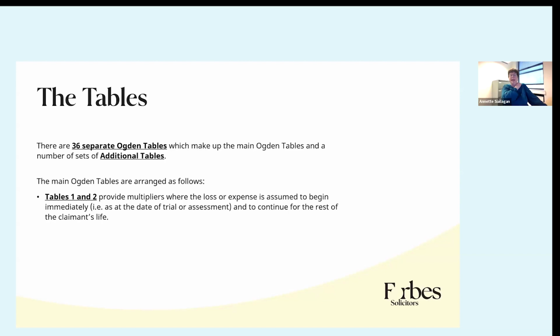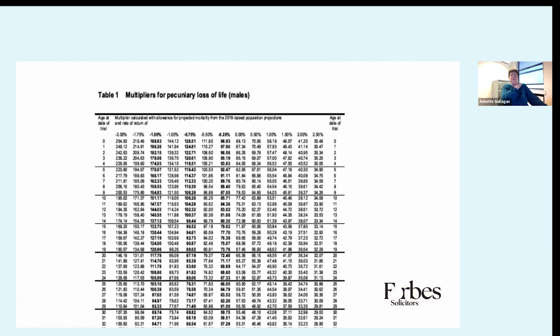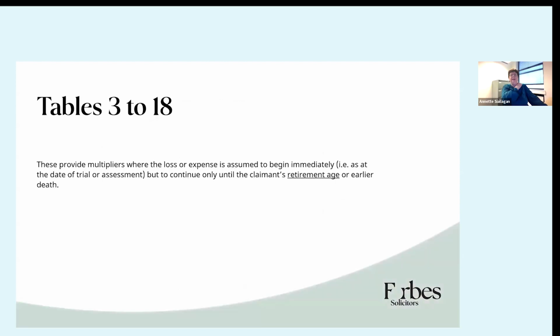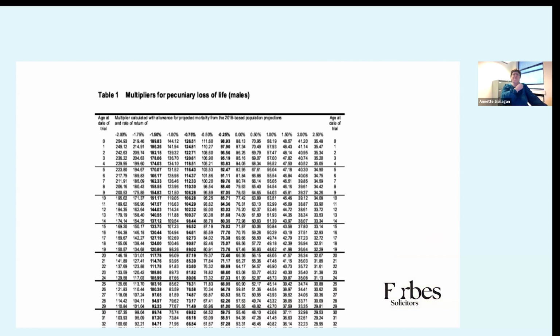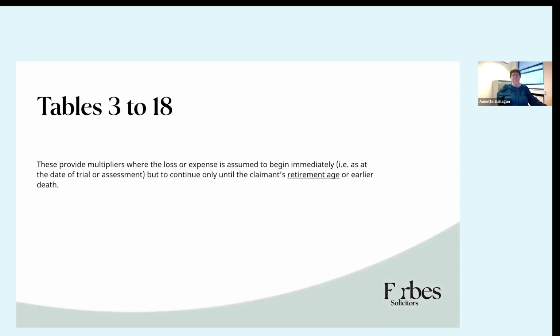So you're mainly looking at care, the cost of care, which is going to continue for the rest of someone's life. So there you go, you've got table 1, that's for males, and that goes right up to age 100. I don't think it's shown on your screen, but it does go up to age 100 there.